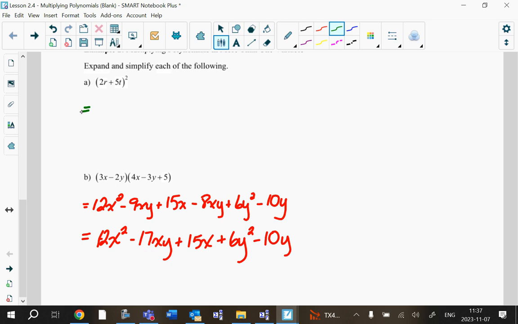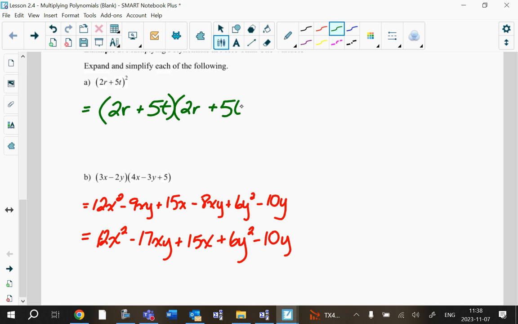What do you think this one is? Yeah. You write it twice. You rewrite the 2r plus 5t. Good. Whenever you square something, you multiply it by itself.